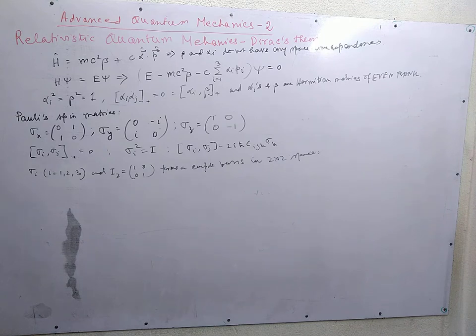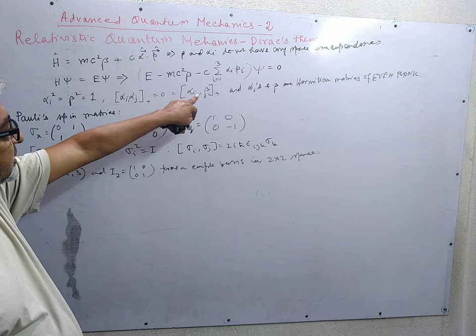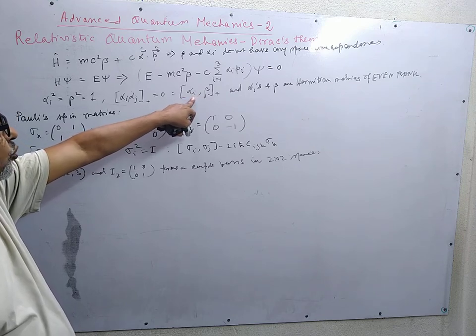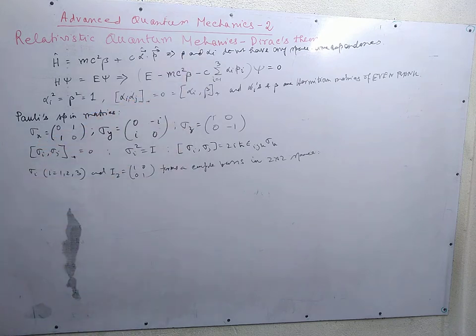That beta cannot be a unit matrix is apparent from here, because had beta been a unit matrix, then the anti-commutator would be simply twice alpha i, which cannot be 0. So beta cannot be a unit matrix. So it is not possible to have a representation of the alpha i's and beta in 2 cross 2 space.